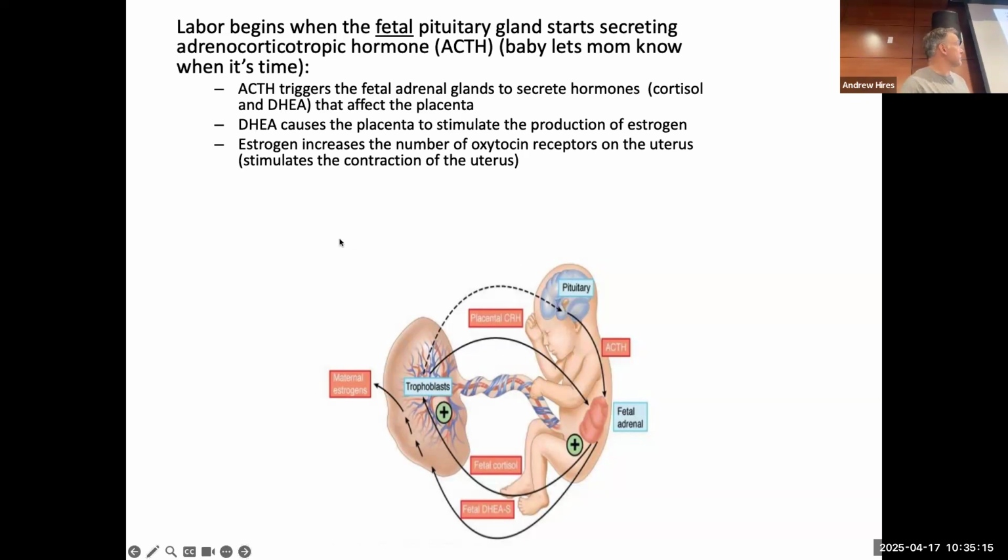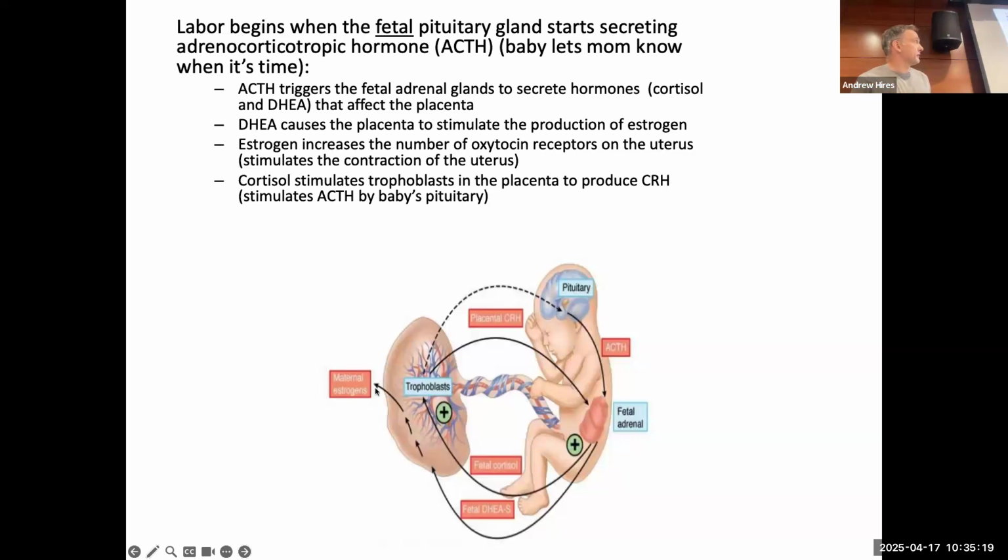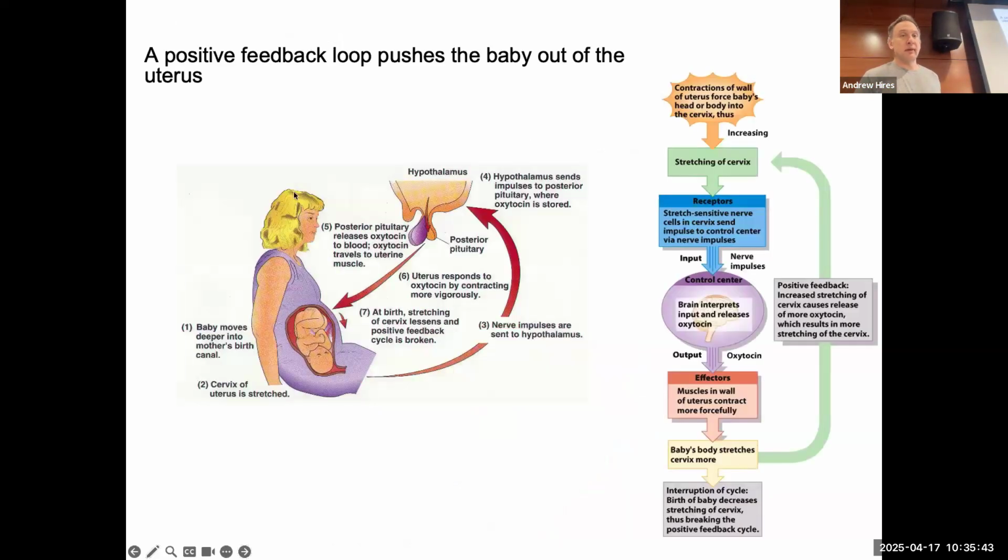Furthermore, the cortisol is going to stimulate trophoblasts in the placenta to produce CRH, which is going to stimulate the ACTH in the baby's pituitary, which is then going to feed back and cause a positive feedback loop in this process. Okay, so we're going to get more expression of oxytocin, more generation of estrogen, more expression of oxytocin receptors in the uterus, and making that more and more sensitive to the presence of oxytocin.